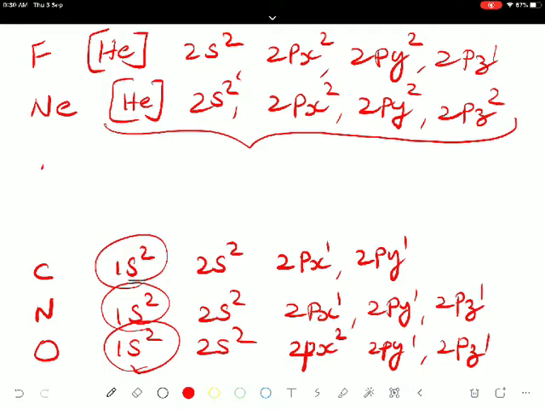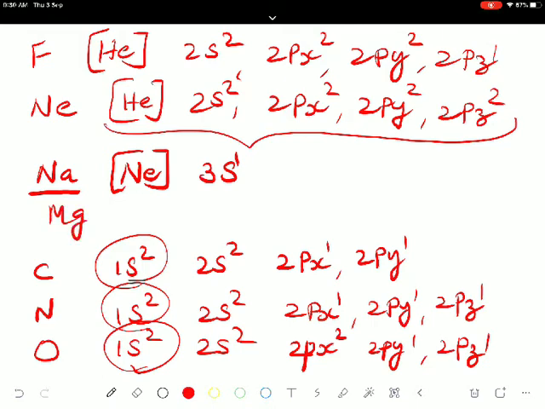Now I am going to write sodium. For sodium you can write neon 3s1. For magnesium you can write neon 3s2.